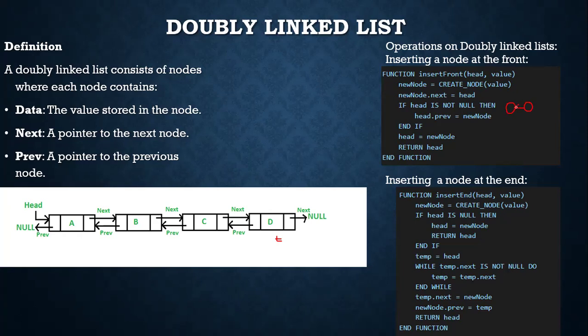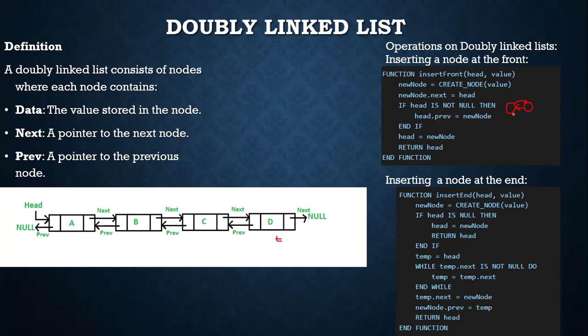So head.previous is equal to new node, then new node.next is equal to head. Yeah, something like that.